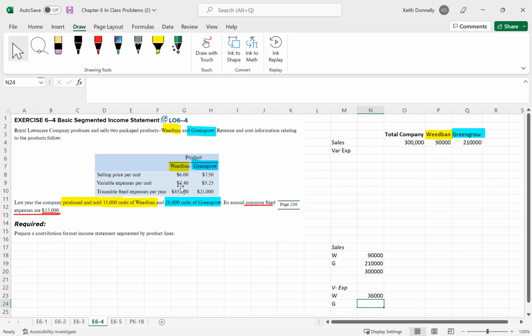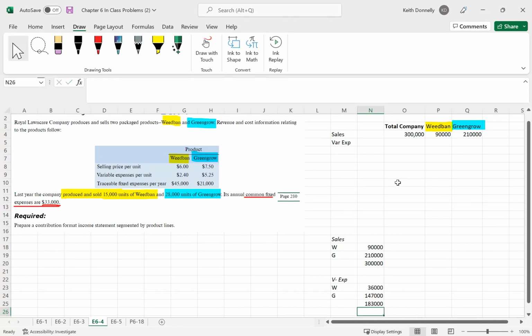We're looking at 36,000. For Green Grow, they got 28,000 times 525, which is 147. We total those together, we're looking at 183.